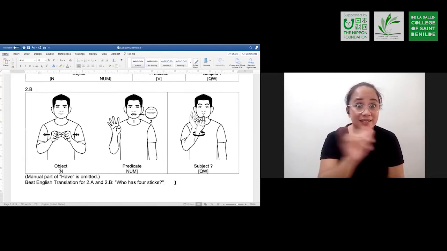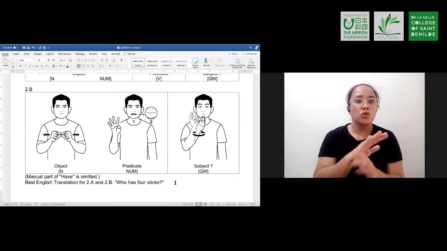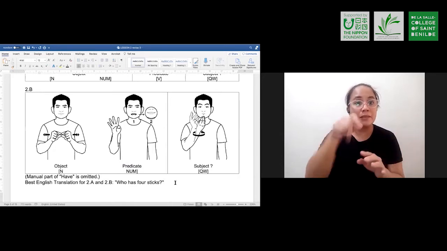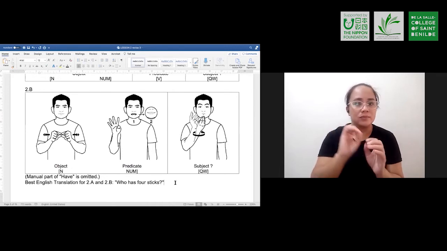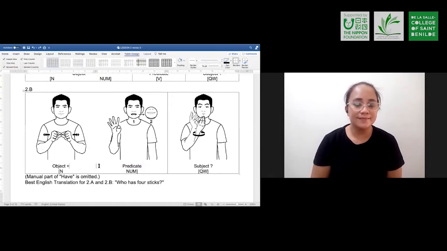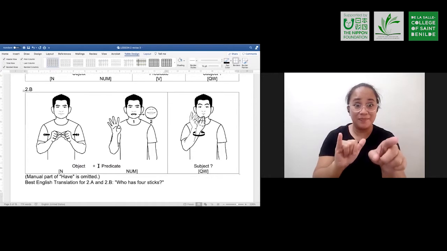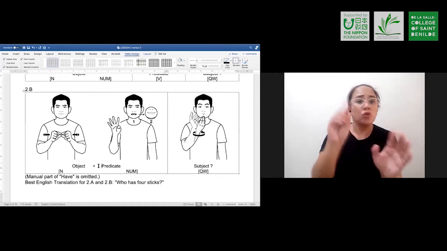Hold on. Don't make two spaces. We'll put object plus predicate. Yeah, like that. And don't space it out. Put it together.